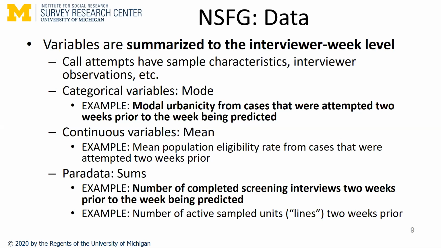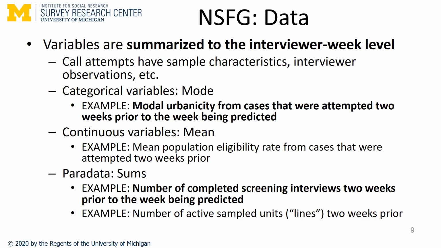Now, how do we summarize those to an interviewer week level? Well, for all of the sample characteristics, we take the mode of the attempts made by the interviewer. So, for instance, we take the modal urbanicity from the attempts that an interviewer made in a week. For a continuous variable, we take the mean. So for example, the mean population eligibility rate from the attempts that were made.